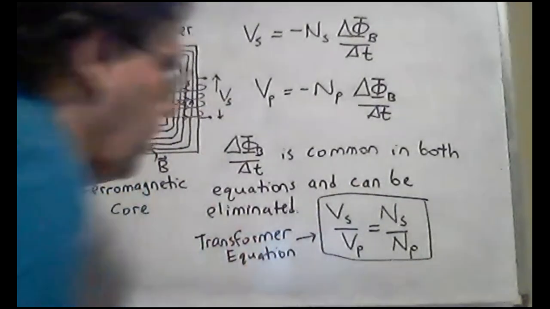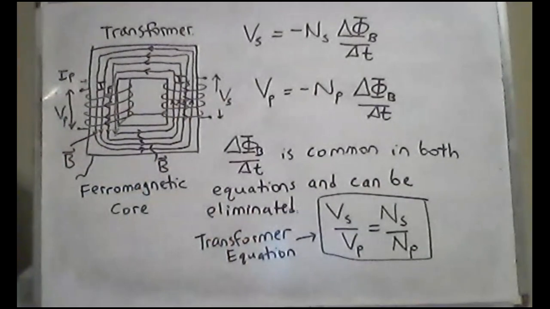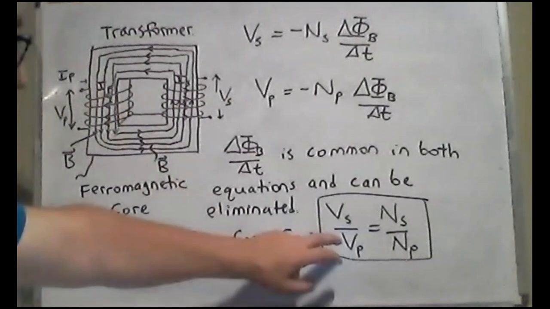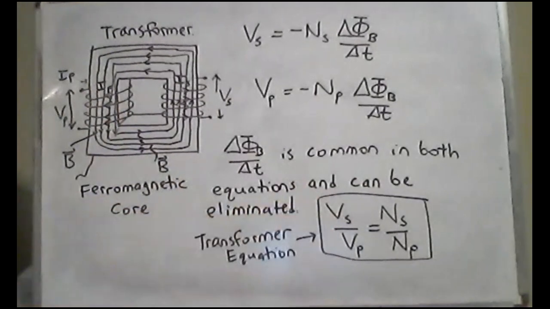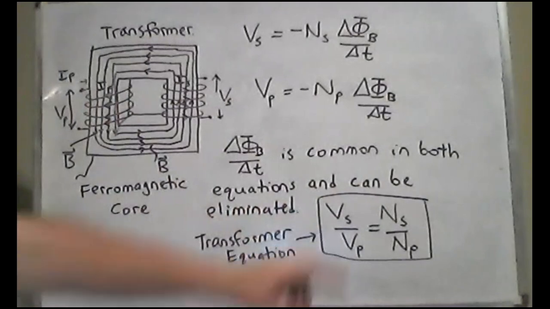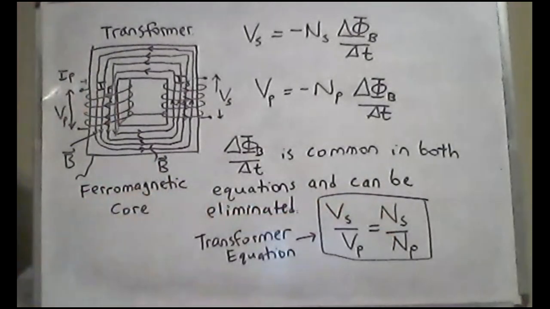To control whether we have a step-up or step-down transformer, given a certain primary voltage, to control the secondary voltage is literally nothing more than a ratio of the number of turns in the secondary coil over the number of turns in the primary coil. You can design the transformer by just controlling that ratio. Okay, that's your transformer equation.